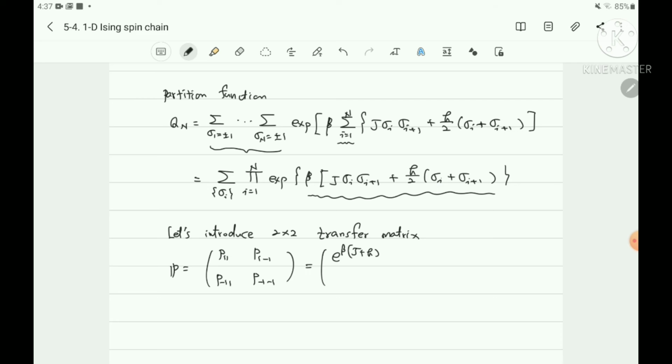In the case of sigma_i is 1 and sigma_(i+1) is minus 1, the product is minus 1 and the field term is 0. Therefore, exponential of minus beta J. In the case of minus 1 and plus 1, it is also exponential minus beta J. And in the case of both minus 1, it is exponential of beta (J minus h).